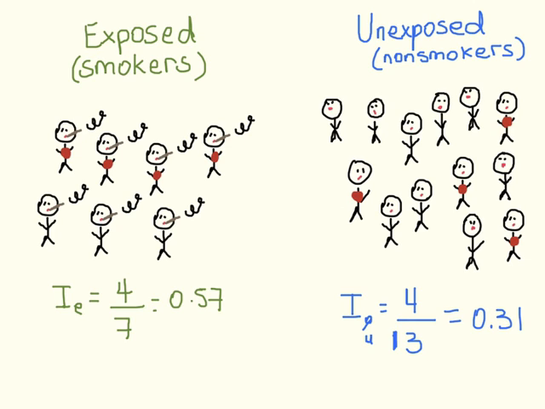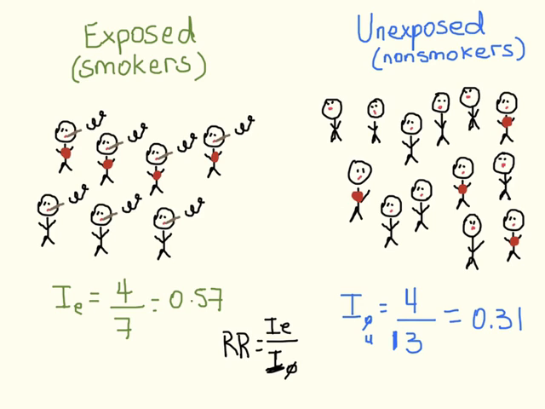So now we've got the incidence in the exposed, 0.57, and the incidence in the unexposed, 0.31. And the relative risk is simply the incidence in exposed over the incidence in unexposed.